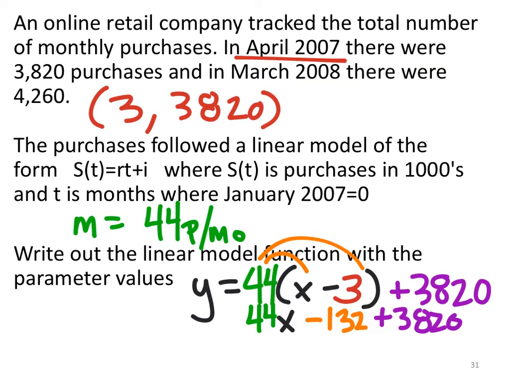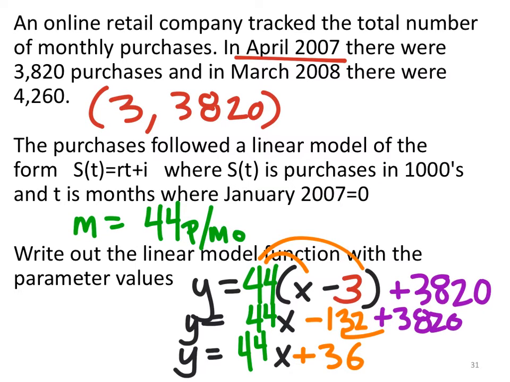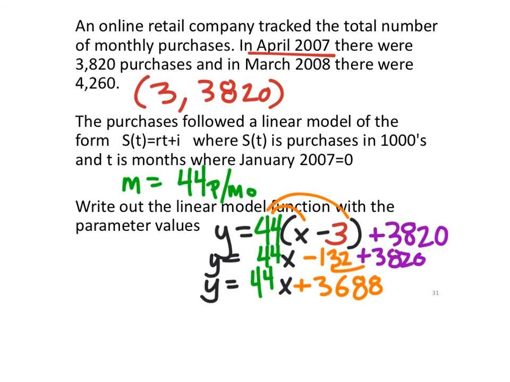So we'll combine those two together, which will tell us y equals 44x. We need to combine these two, so I'm going back to the calculator, adding 3,820 to get positive 3,688. Well, that's a pretty good function right there, actually. And we feel pretty good about that function.